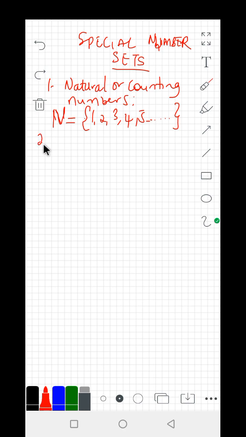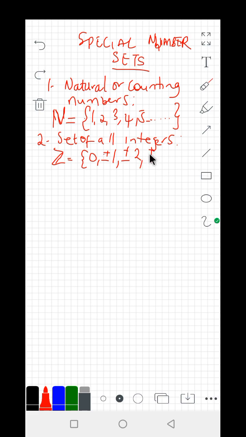The second one you should take note of is the set of all integers. This is denoted as Z, and this equals 0, plus or minus 1, plus or minus 2, plus or minus 3, and so on till as far as you can count.